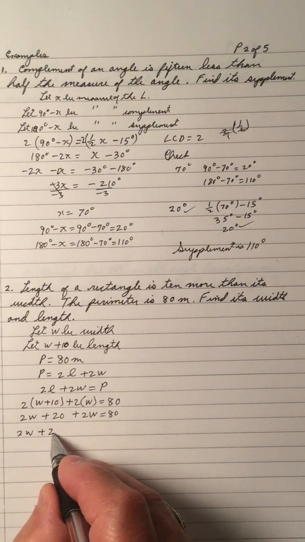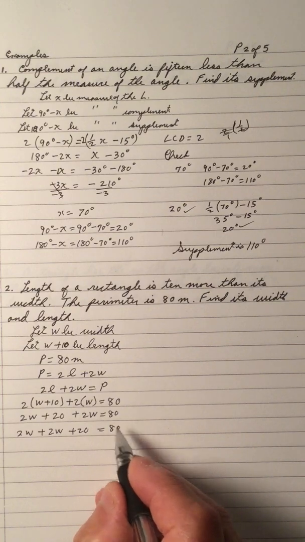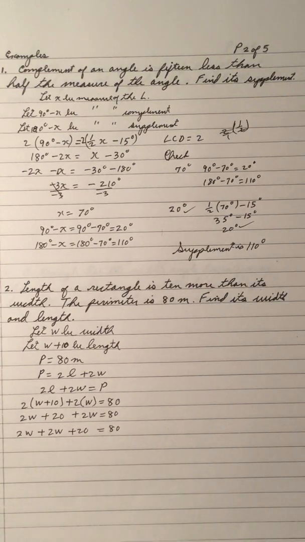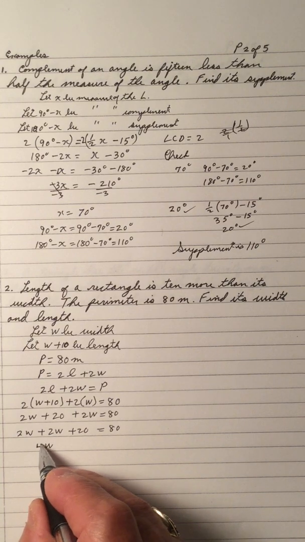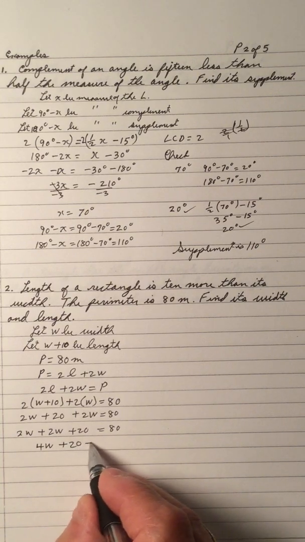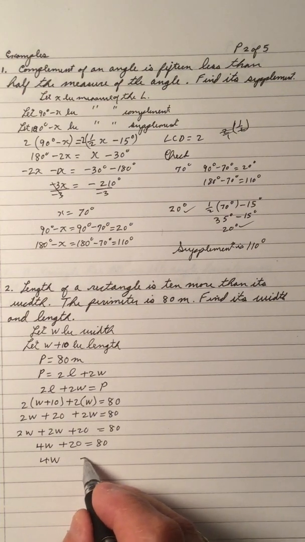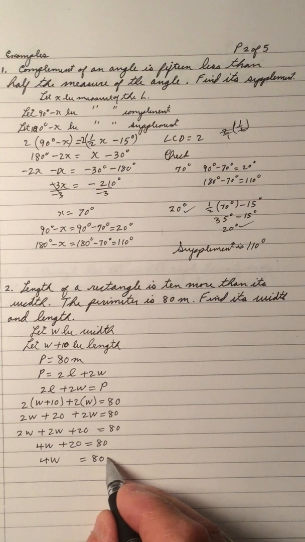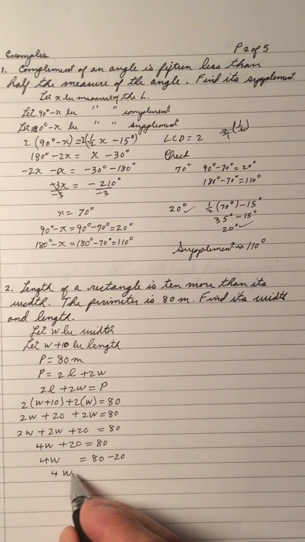Simplify each side first. So let's simplify the left side. Put the W's together, and that gives us 2W plus 2W is 4W plus 20 equals 80. And the numbers move to the left side. Positive 20 becomes negative. 4W equals 60.